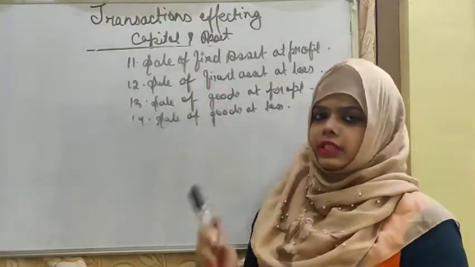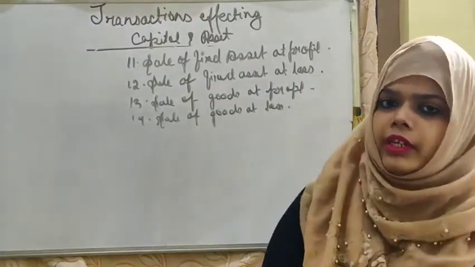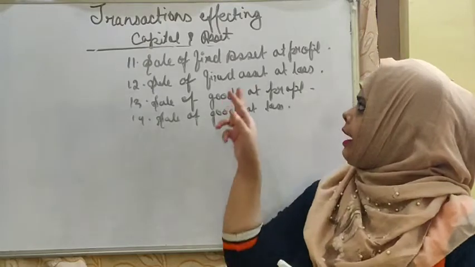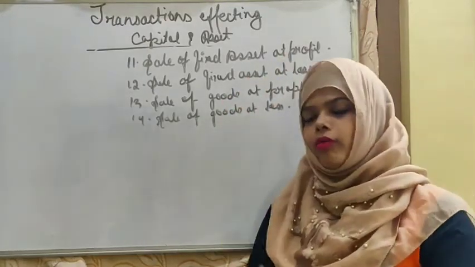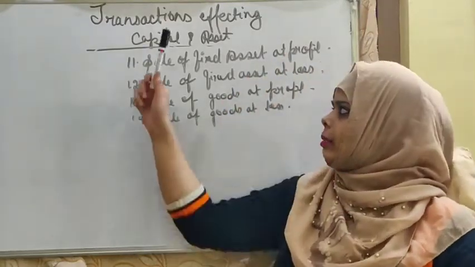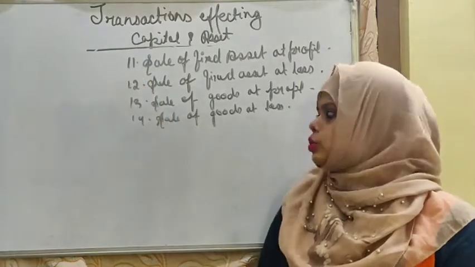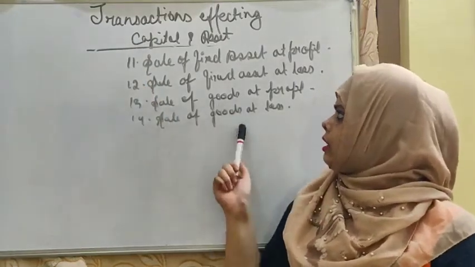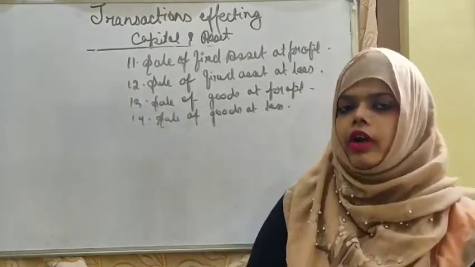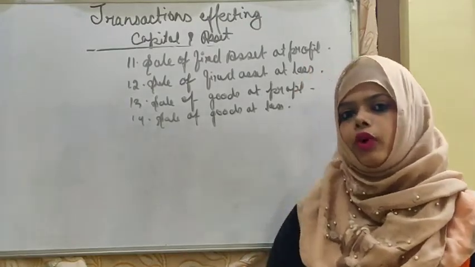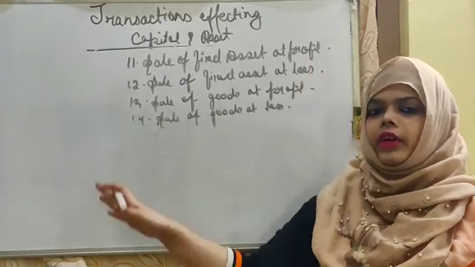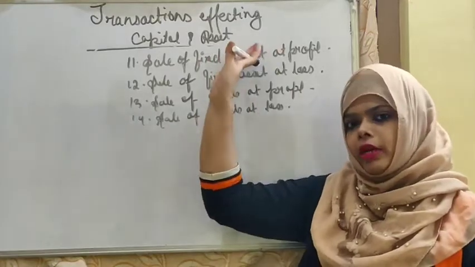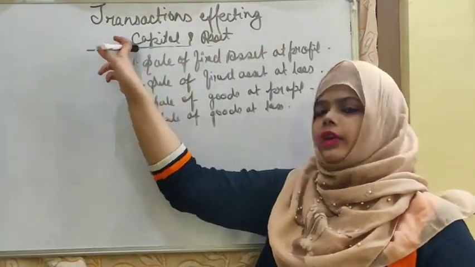If we sell fixed assets, it will affect the asset part, and whether at profit or loss, it will affect the capital part of the business. So goods and fixed assets, if sold for profit or for loss, will directly or indirectly affect both the asset part and the capital part.